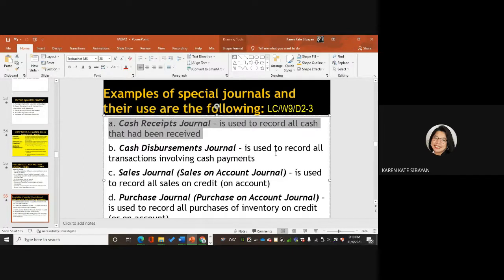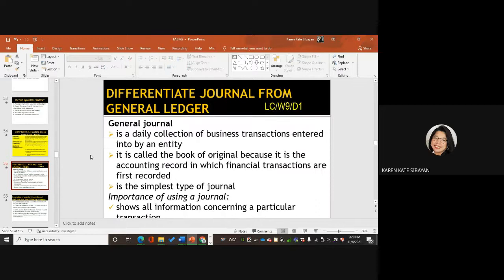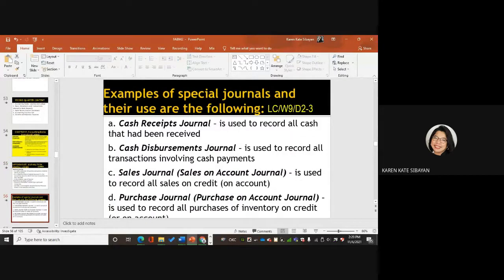Why? Kasi kung legit ang business mo, class, legit meaning to say registered siya, may permit ka, na may tatak ng BIR. Take note ha, magiging valid lang, supposed to be before you fill up your general journal or your special journals, dapat may tatak muna yan ng BIR.